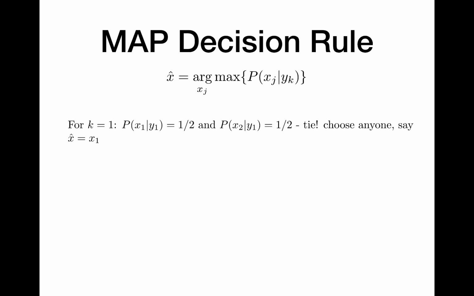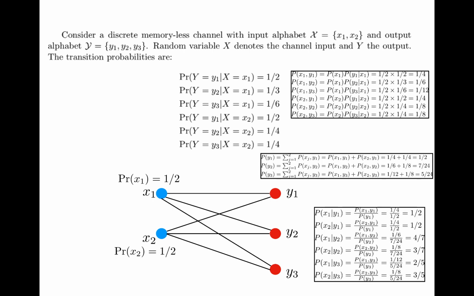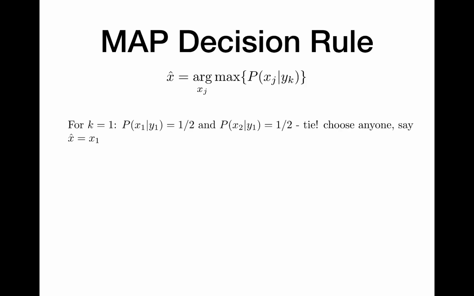So in this case k equals 1, so you have to calculate the probability of x1 given y1 and the probability of x2 given y1. These two you have already calculated in the previous slide, and you can easily find that the probability of x1 given y1 is half and the probability of x2 given y1 is also half.